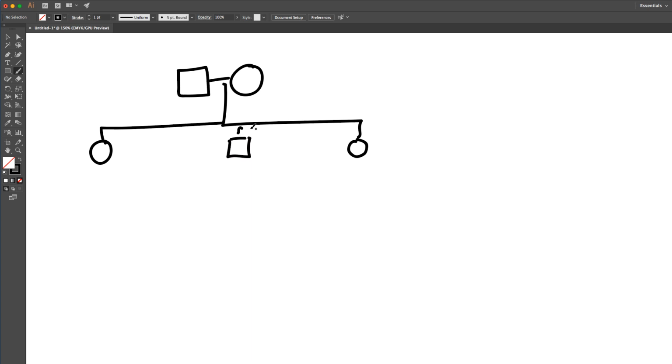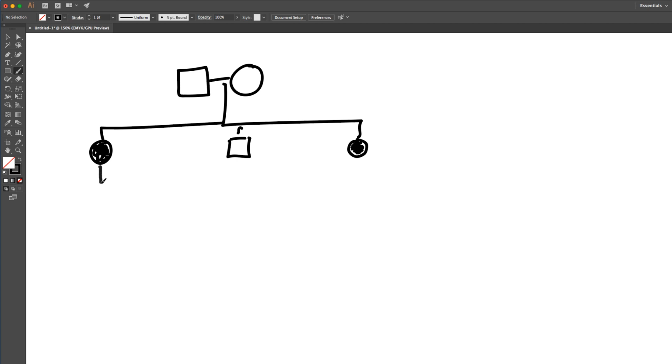Afflicted individuals are denoted by filled in circles or squares. So this daughter is afflicted, and this daughter is afflicted. It's interesting to note that neither of the parents are afflicted.